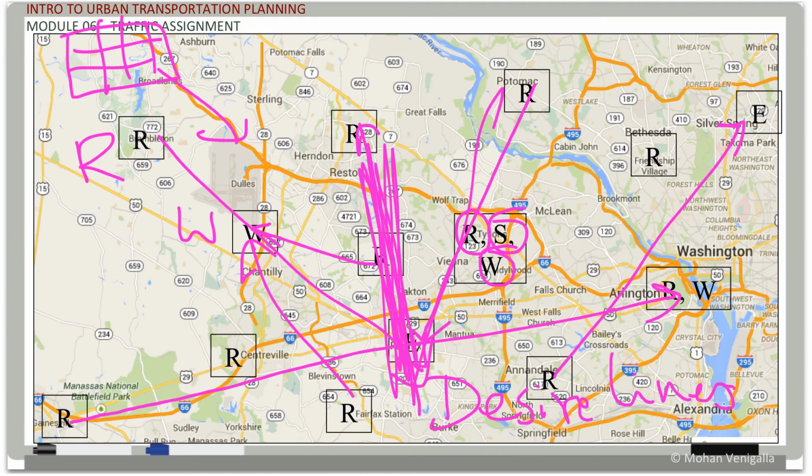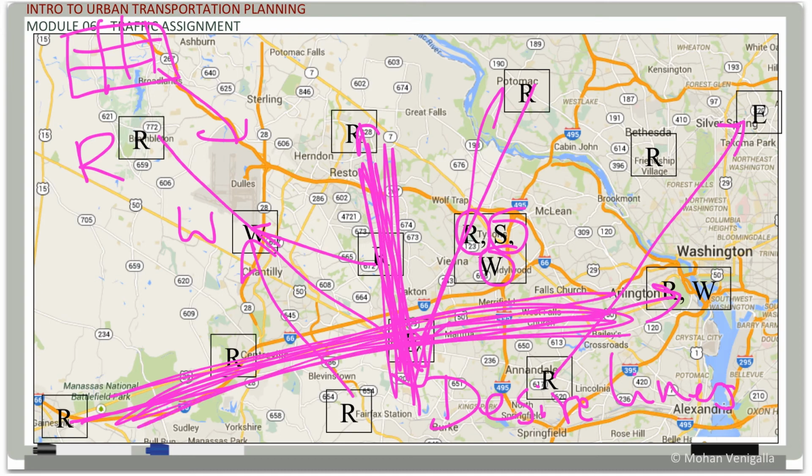That's one of the ways you visualize your trip matrix data, the vehicle trip matrix data, and then identify corridors. An east-west direction is a corridor. In this particular case, let's say 66, Route 50, and Little River Turnpike, they're all together could be a corridor, right? So something like that. I'm actually digressing here.